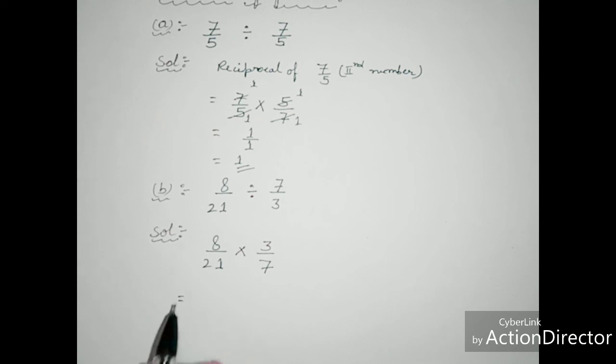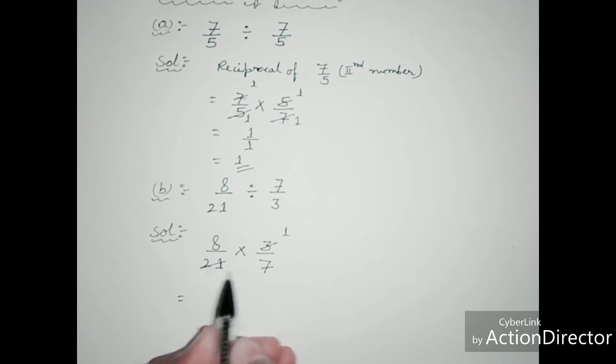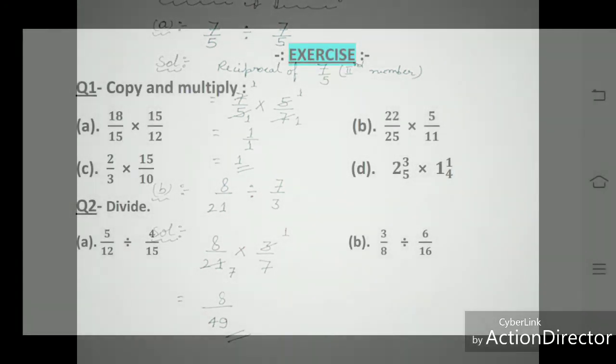Now 3 divides 21, 3 ones are 3 and 3 7s are 21, and 8 ones are 8 and 7 7s are 49. So when we divide 8 upon 21 by 7 upon 3, it gives result 8 upon 49.